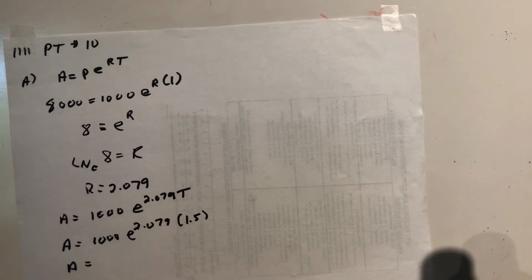All right, so that's 1,000. Shift E, 2.079 times 1.5. 1 hour is 10,000.